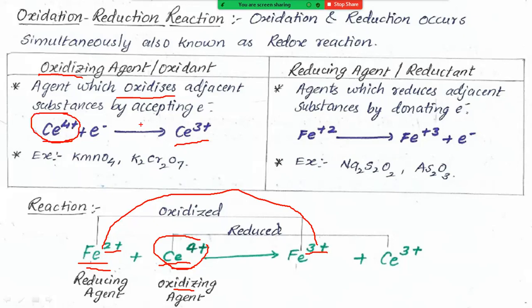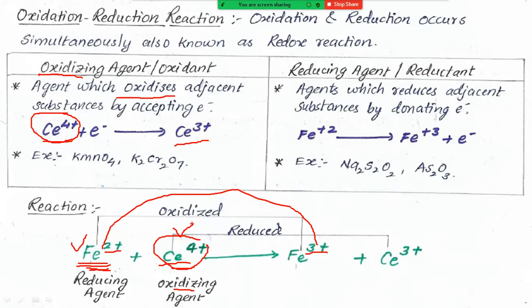Ferric ion itself gets reduced, but it is useful for oxidizing the adjacent compound. So there is a small difference: ferric ion is an oxidizing agent which oxidizes the adjacent compound, but the ferric ion itself will be reduced.